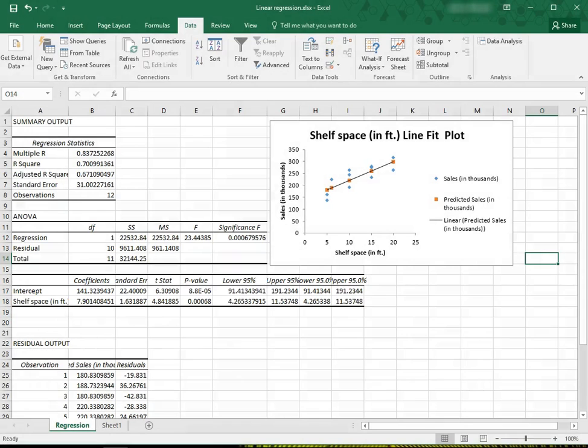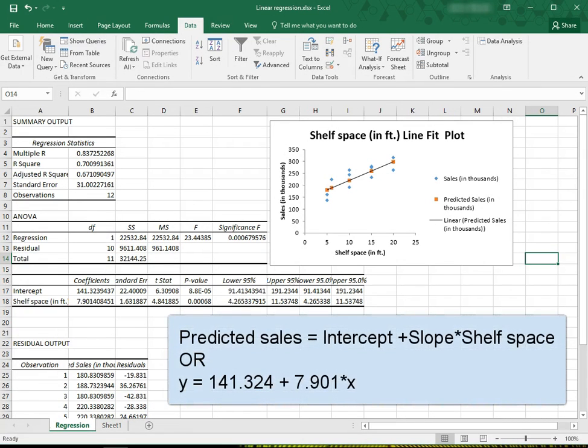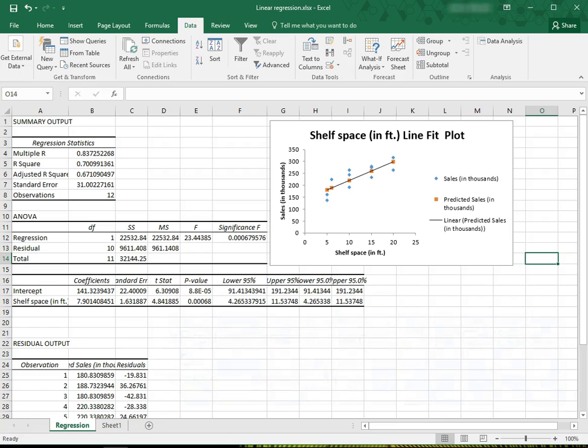Therefore, our regression equation is y, or the predicted sales, equals 141.324 plus our slope of 7.901 times x. So that means that given some x value or some shelf space value, we can enter it into the formula and predict the sales. And that is precisely what number 5 asks us to do.